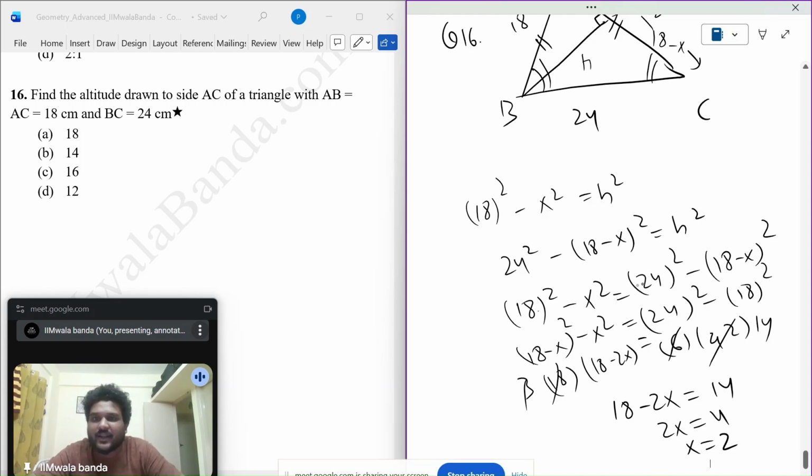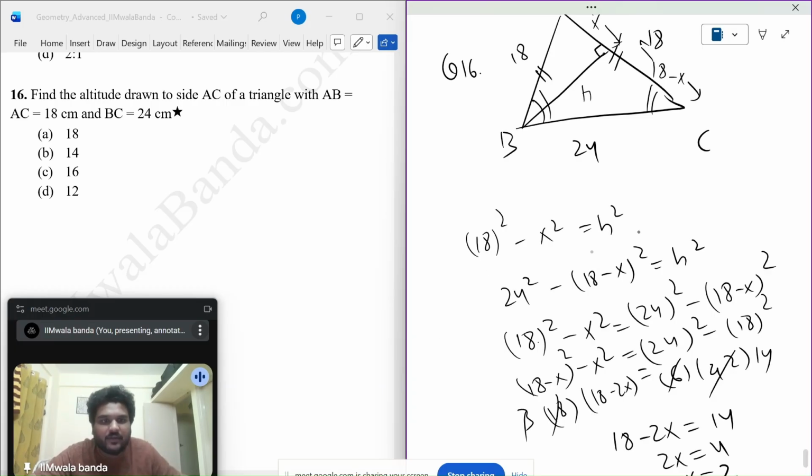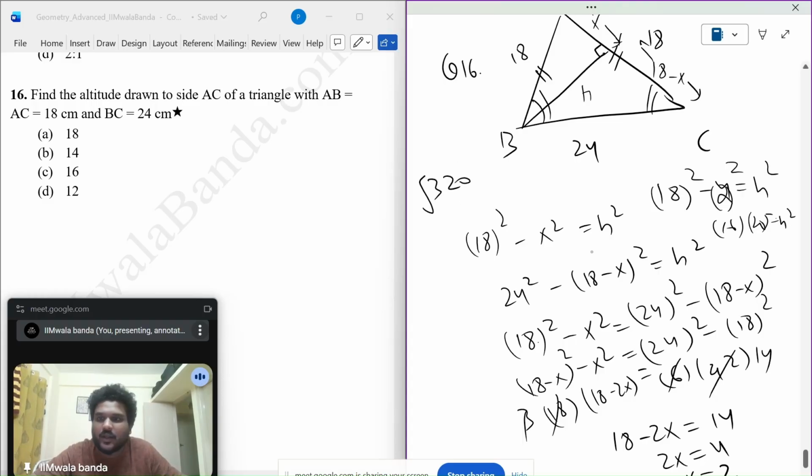As soon as I get x, I can put it in any value and get h. So this is 18 minus 2 square, so 16 into 20, or 320 is h square.